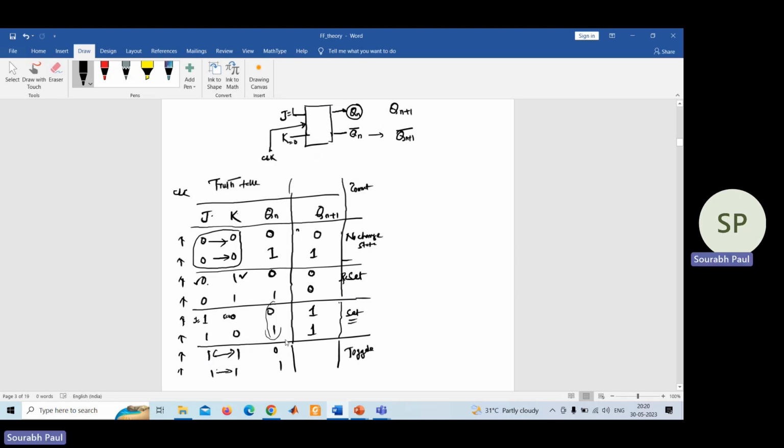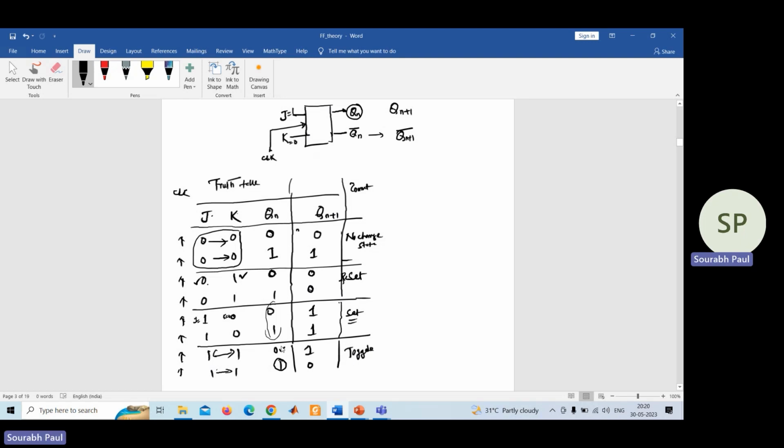What is the meaning of this line? Suppose your present output is 0. After applying the clock, your next output will be 1. And suppose your present output is 1. After applying the clock, the next output will be 0. So this means toggle.